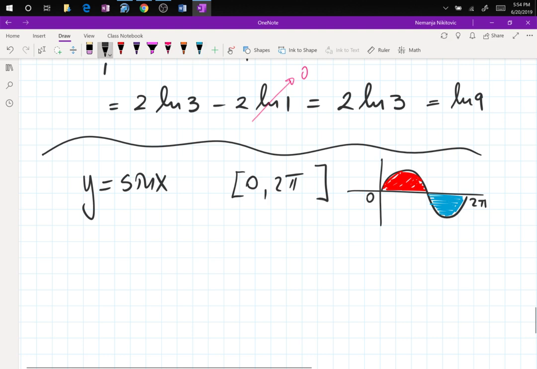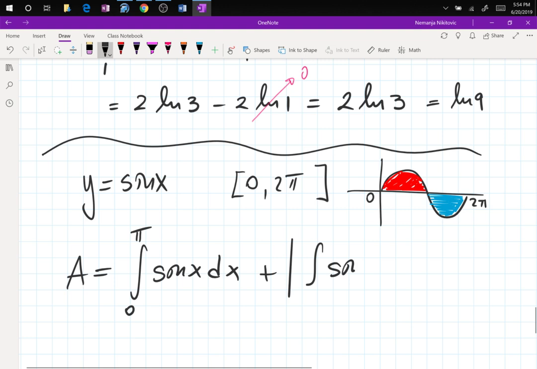I have to compute this integral as sine x dx from 0 to pi, that's the red one, plus the absolute value of sine x dx from pi to 2 pi. And now when you go through your calculations, the answer will be 4. Exactly 4. And it's going to be awesome.